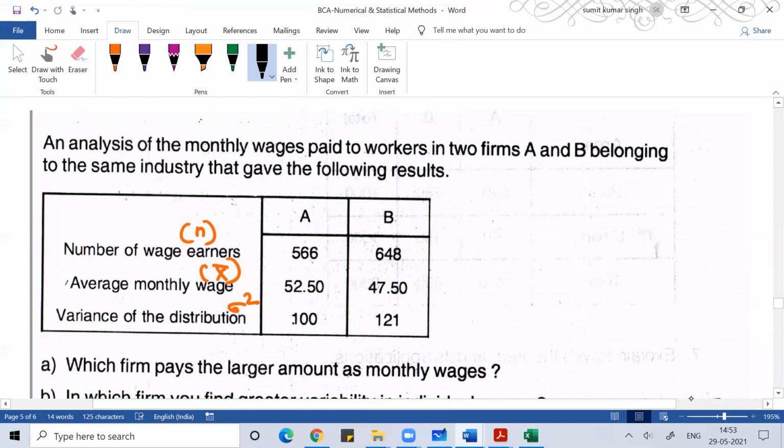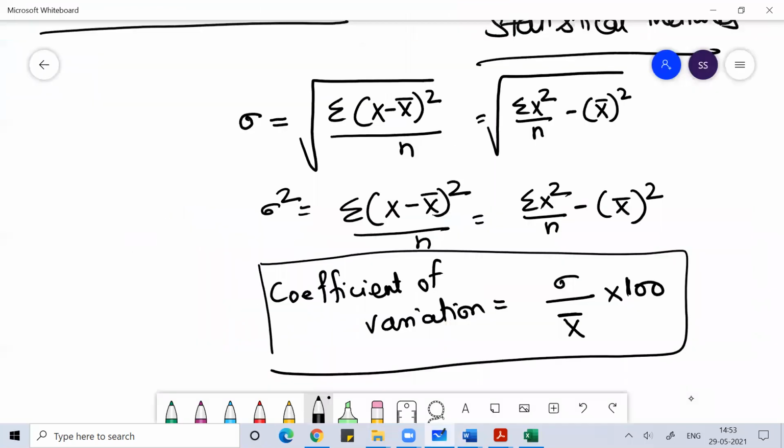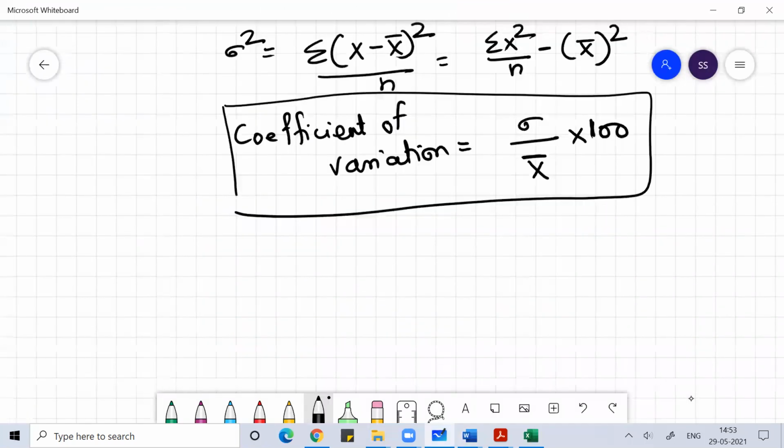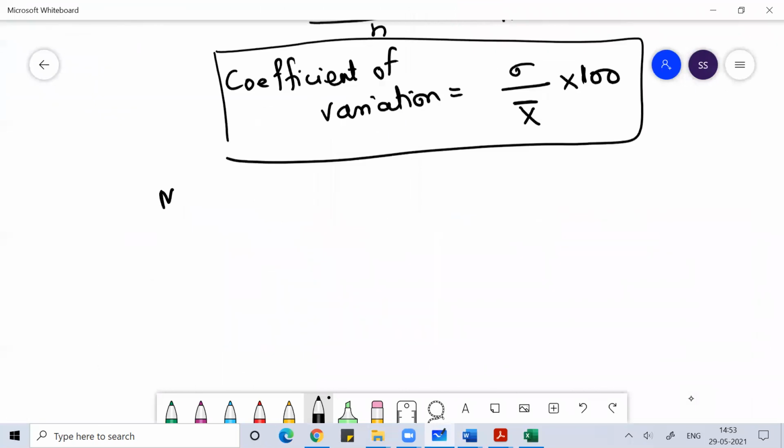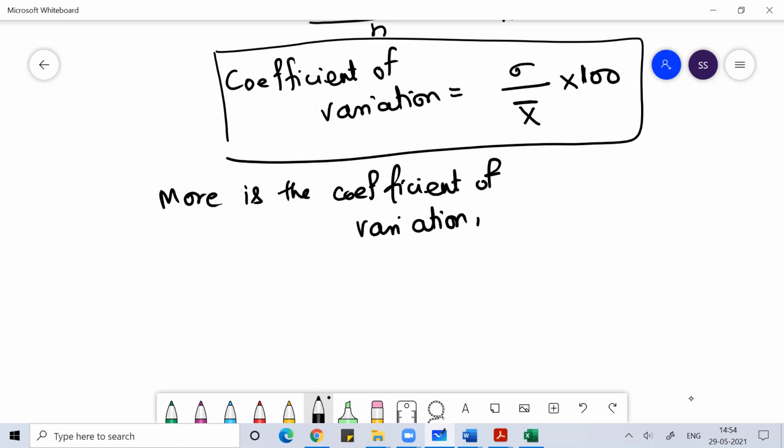So you can remember this concept: more is the coefficient of variation, more is the variability.